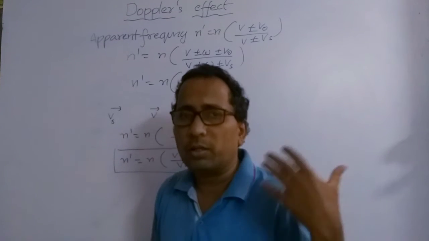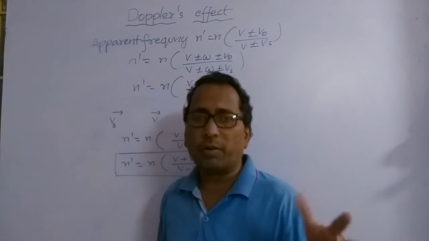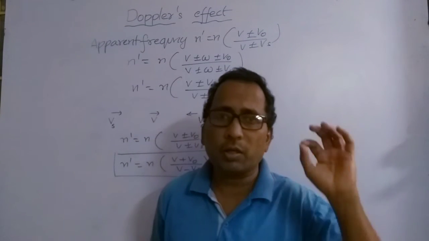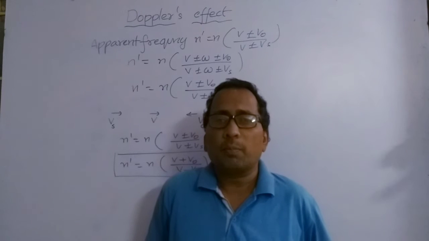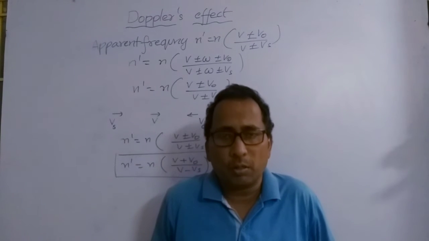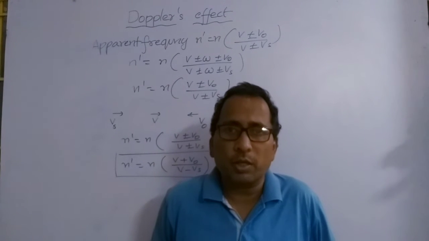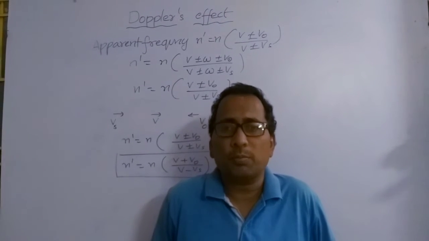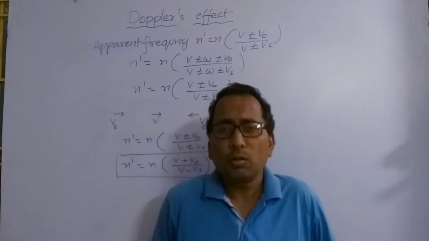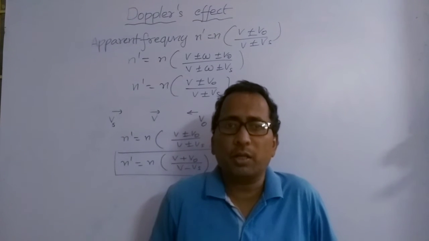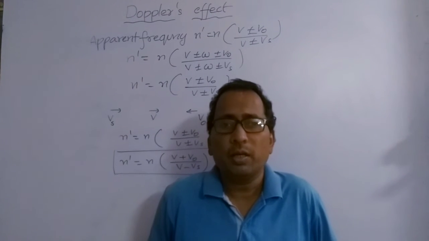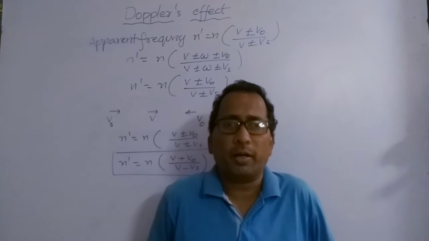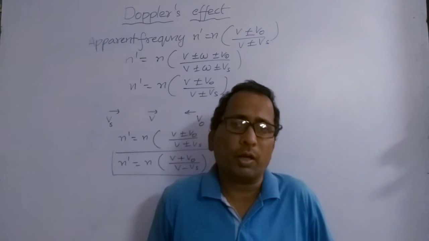After that, we will discuss some different cases. Here you have to remember, in some cases the Doppler effect is not applicable. First case: if the source and observer are moving in the same direction with the same velocity, there is no Doppler effect because there is no relative velocity.